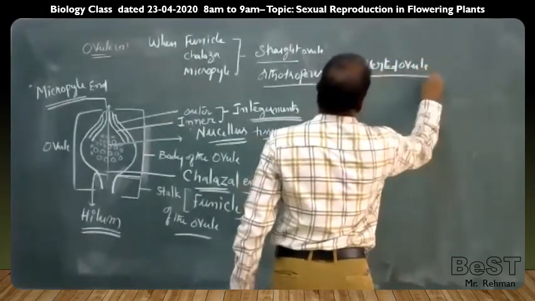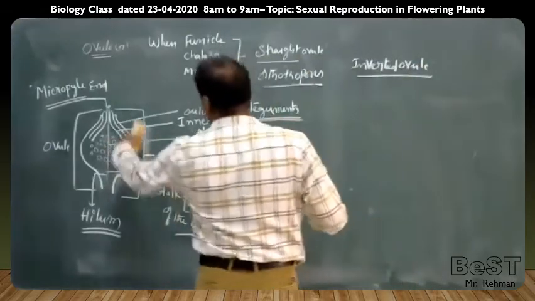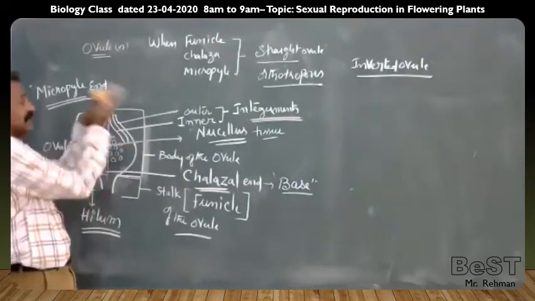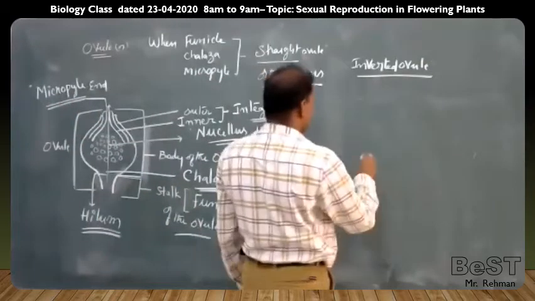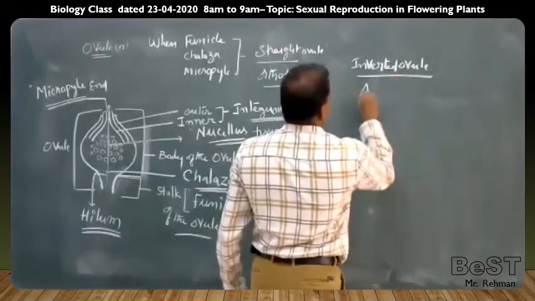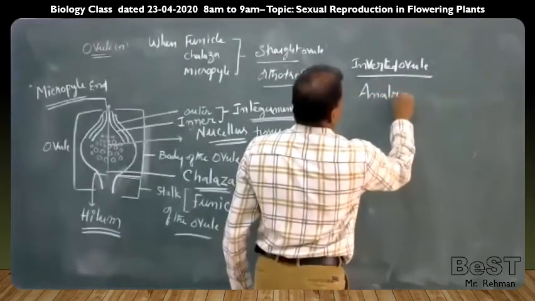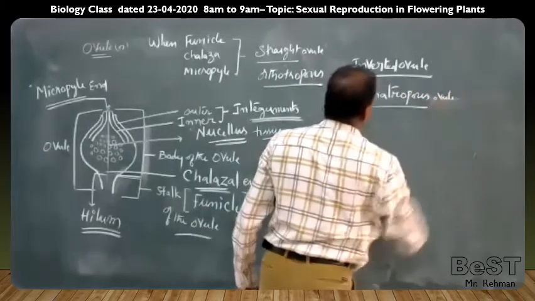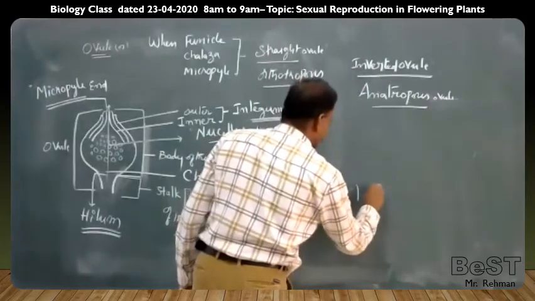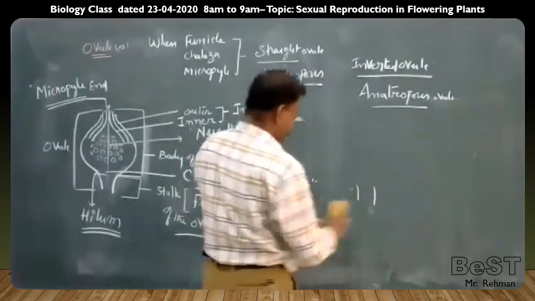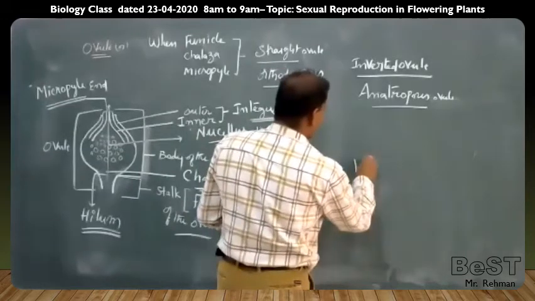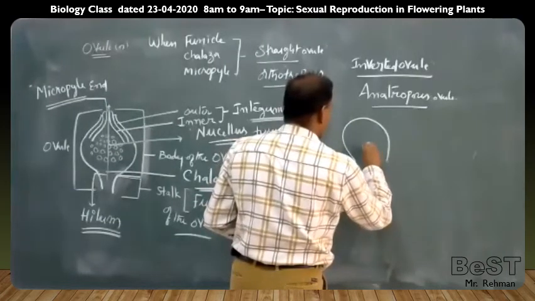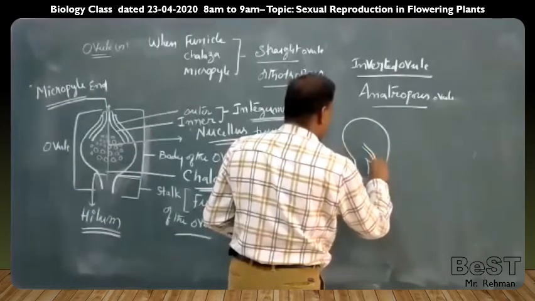What is an inverted ovule, sir? The body of the ovule is turned to this side or this side, at a 180 degrees angle curvature. Let us see the diagram, which is also called the anatropous ovule, where the funicle is here and the body is having a curvature.